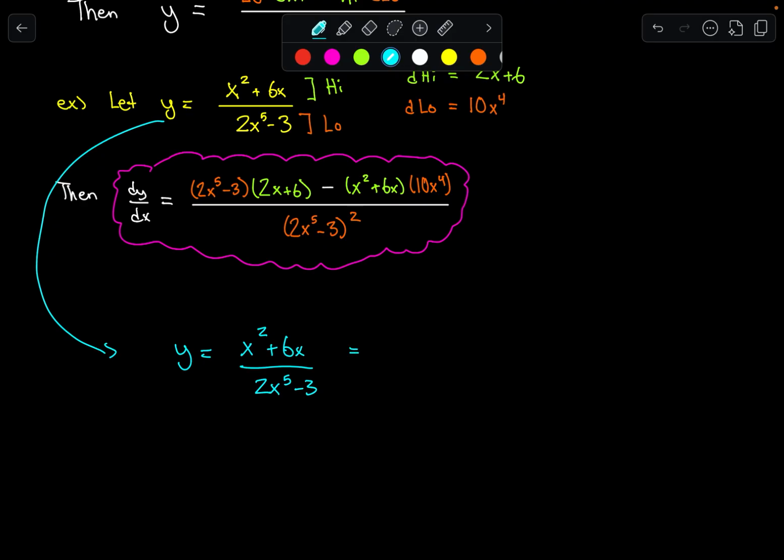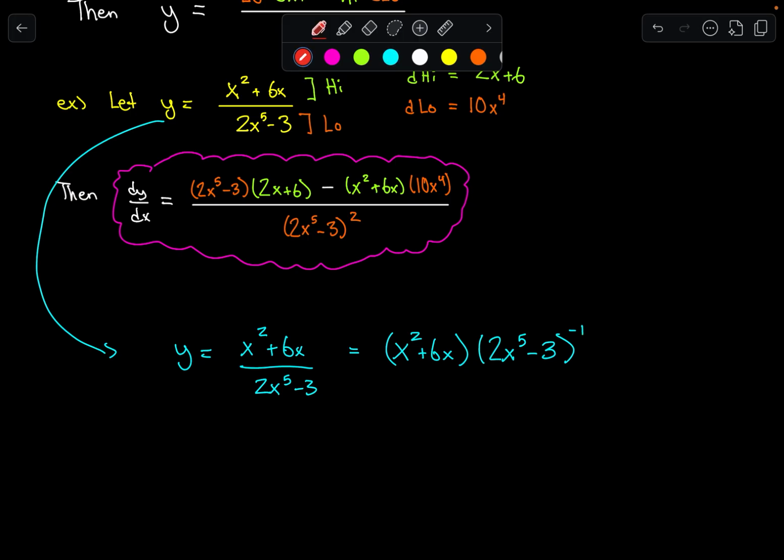If you're really good at algebra, you may notice that I could choose to write this as x squared plus 6x multiplied by 2x to the 5th minus 3 raised to what power? Well, if something's in the denominator, it has been raised to a negative power. So in this case, the negative first power.